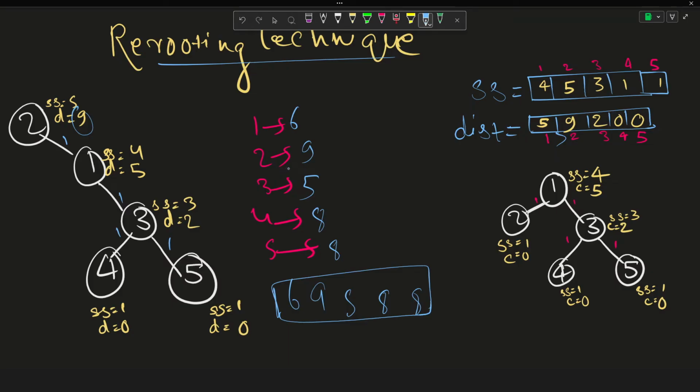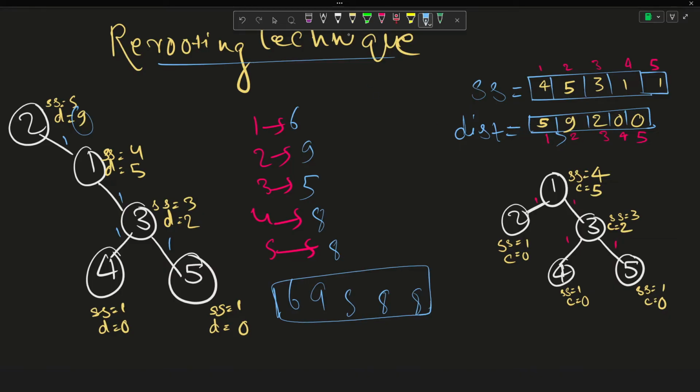So I really hope that you understood how we solved this CSES problem, Tree Distances 2, in order to calculate the sum of the distances from every node to every other node, not by doing multiple DFS calls, but just by using two DFS calls and utilizing the results of the first DFS call in the second DFS call.